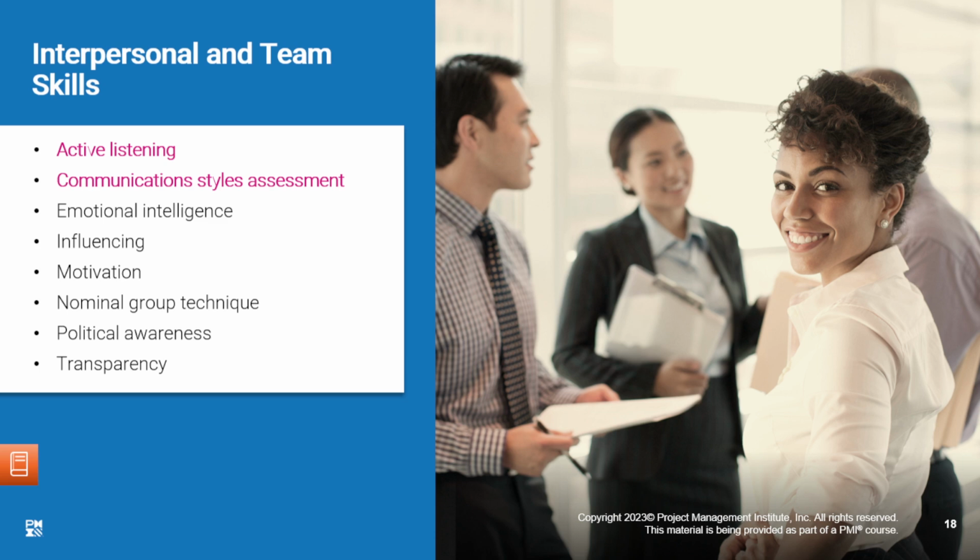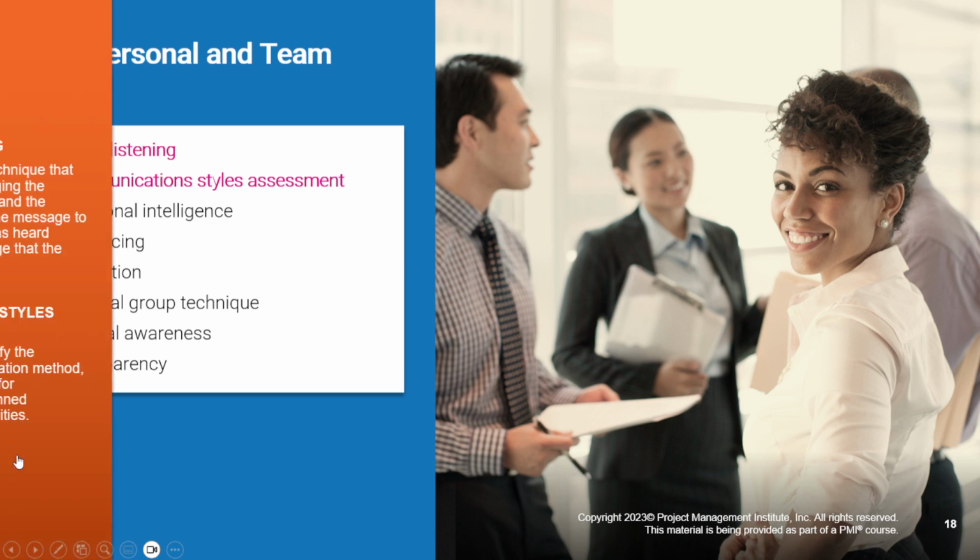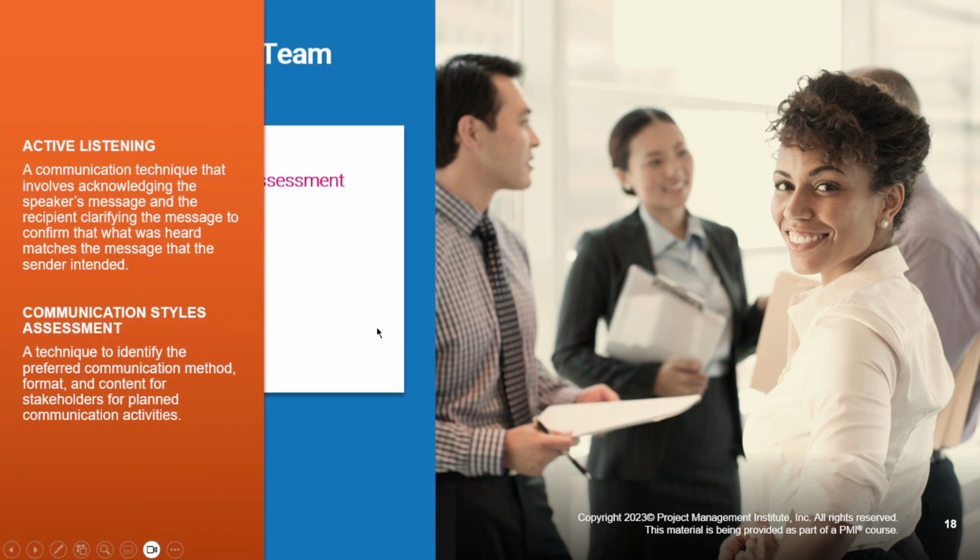Another key skill when it comes to dealing with persons and the team is transparency. One of the key aspects of project management is being honest and open with people. If you've got nothing to hide, you've got nothing to hide. So why are you afraid? Why are you hiding things?